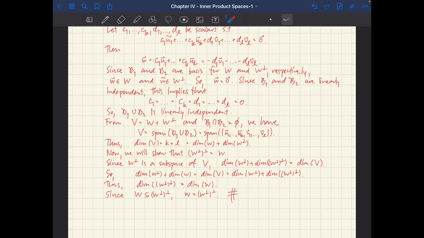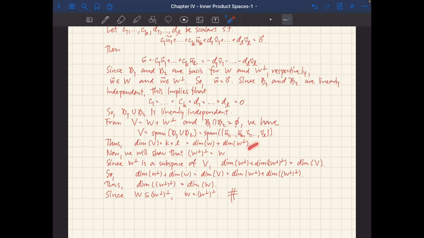What is k? k is the dimension of W, because we assume that the number of elements in the basis for W is k, and the number of elements in the basis for W perp is l.